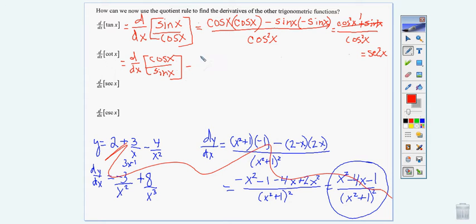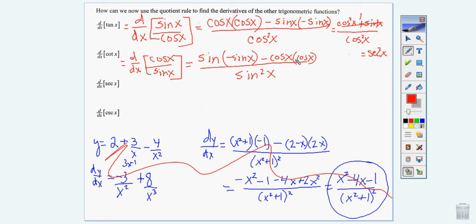So low, whoops, that's my equal sign, low, derivative of high, or derivative of the numerator, is the opposite of sine x. Okay, low d high minus high, cosine of x, d low, cosine of x. Square the bottom and away we go. So sine squared of x.